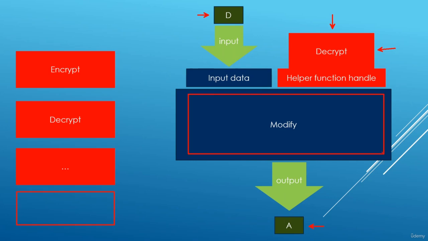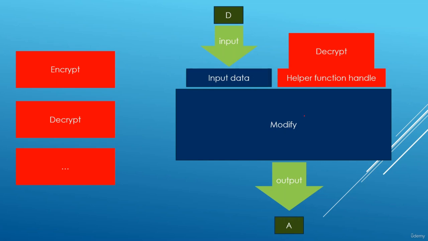We're going to see how this works out in C++ programs. So the main benefit of function-like entities in C++ is that we can use them as helper function handles to other functions and make our functions work much more flexibly.